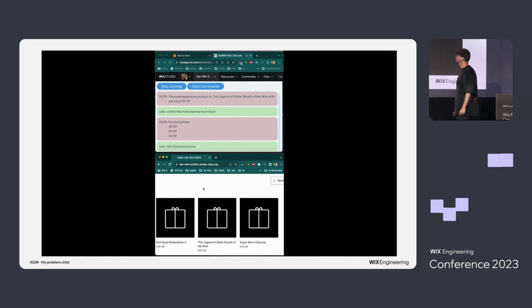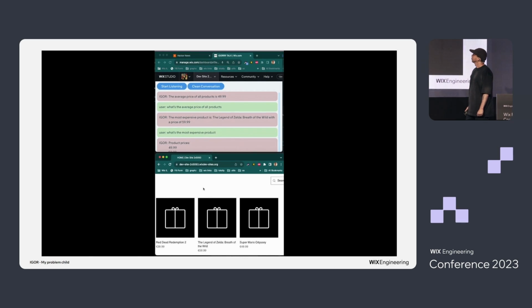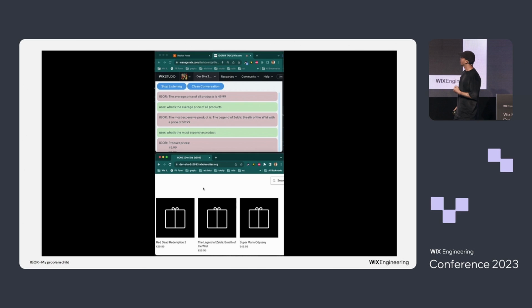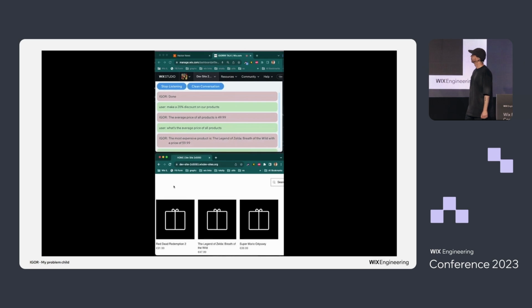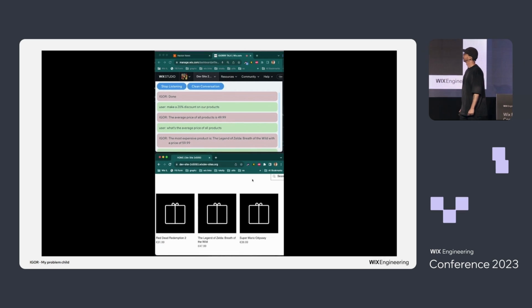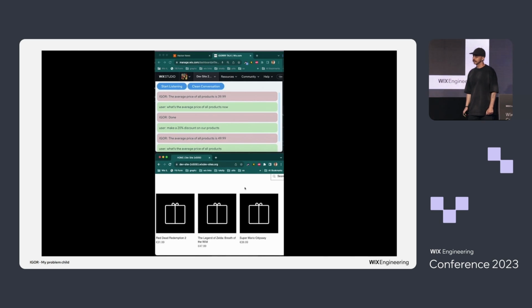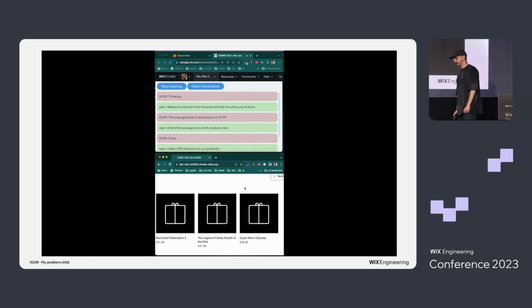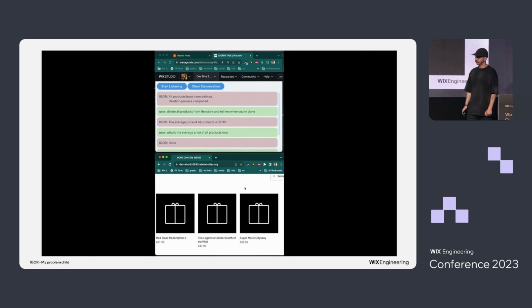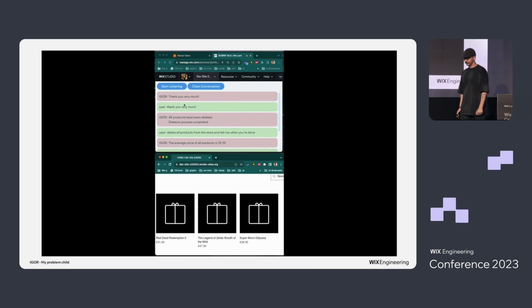What's the average price of all products? The average price of all products is 49.99. Make a 20% discount on all products. Done. What's the average price of all products now? The average price of all products is 39.99. Delete all products from the store and tell me when you're done. All products have been deleted. Deletion process completed.